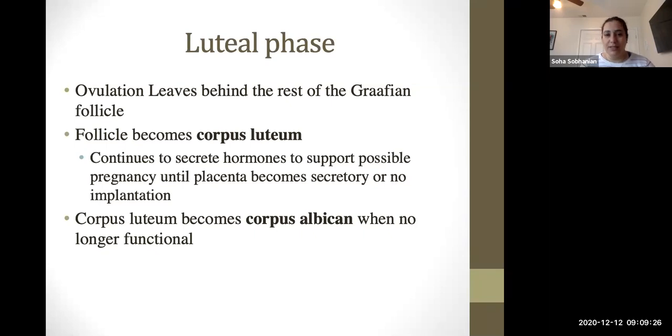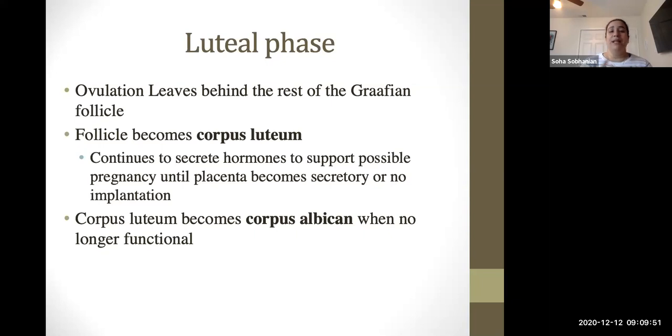We'll talk about that in just a minute as well. The inside lining of the uterus is where the baby is going to develop and eventually form its placenta. So having the right amount of hormones like estrogen and progesterone is extremely important, and the corpus luteum is going to produce a significant amount of those hormones.